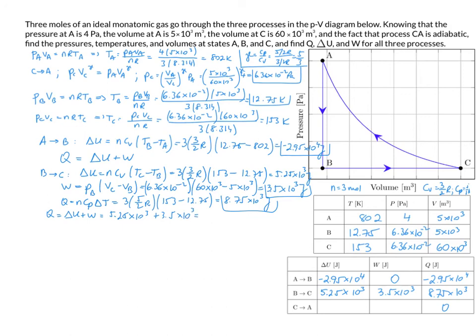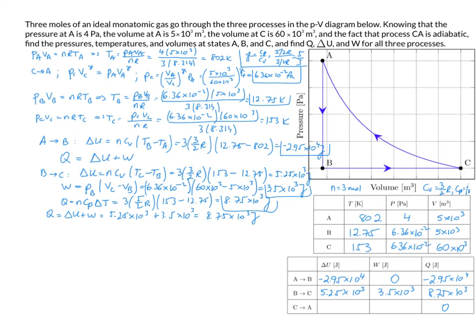So when I add those together, I end up with 8.75 times 10 to the third joules, and that's the same value that I obtained by using this equation. So these two values are the same, so I'm happy. It means that I've done something right.